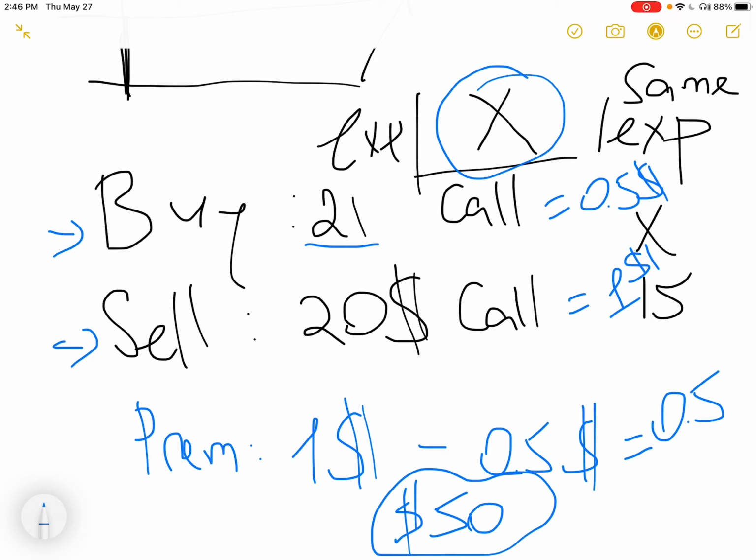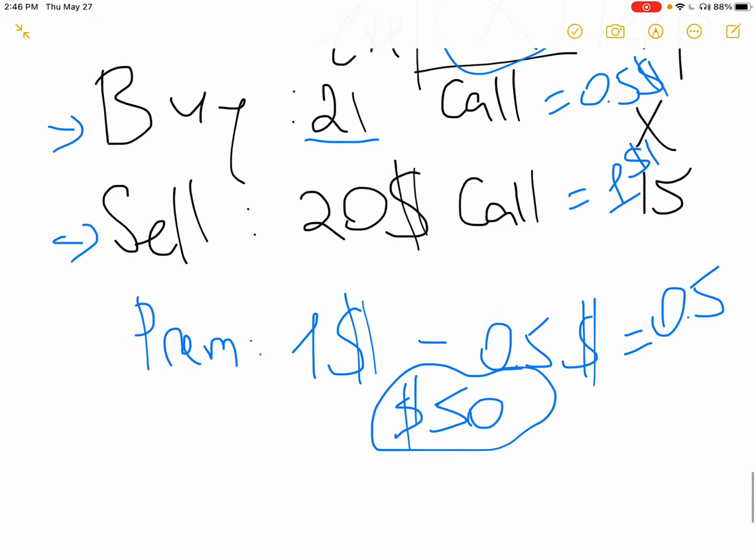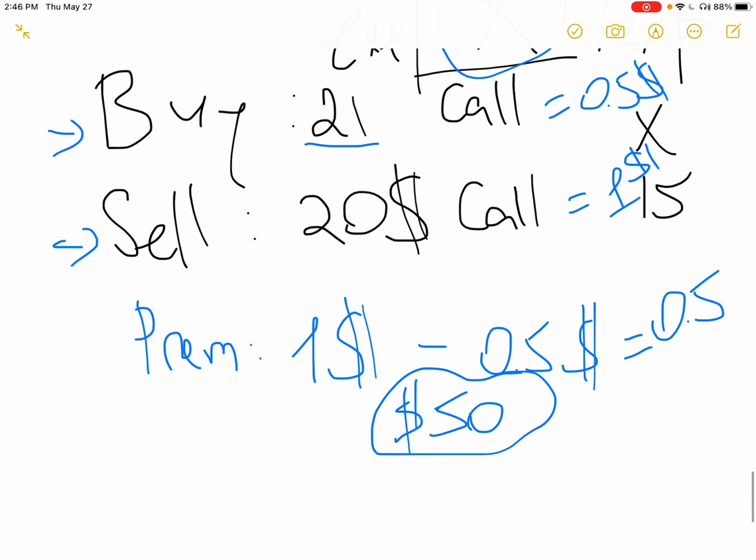Because you're getting money for this, you are basically betting against company X. So at the end of the expiry, you want to make sure the company trades below $20. In that case, you're going to keep your full premium that you received from the call credit spread.